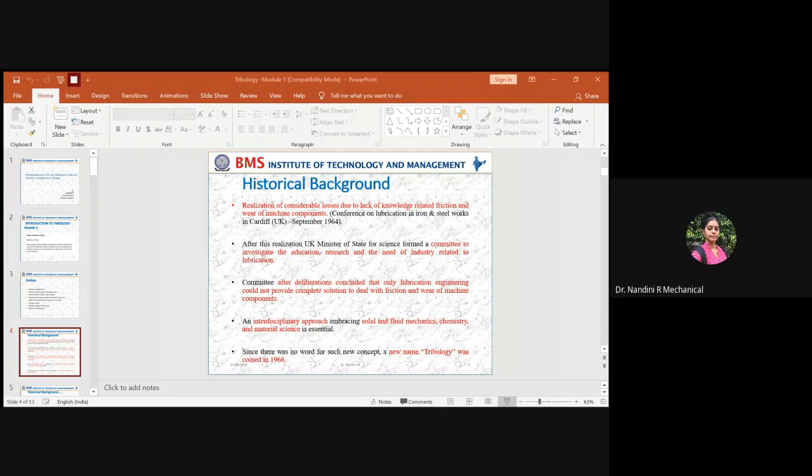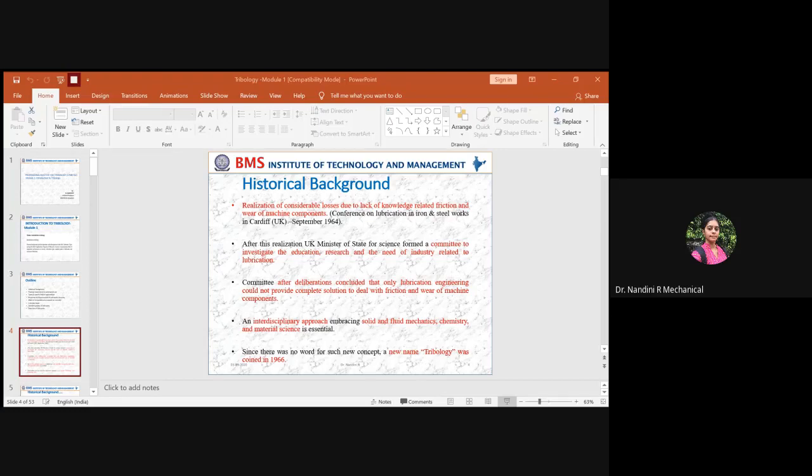After this realization, the committee under the UK minister investigated the education sector and research sector, and identified the industries working on the lubrication part. What exactly was the need in the industries where they were lacking? They identified those. Based on that, researchers interested in this area were assigned grants and funds so that they could proceed to identify how to overcome this problem.